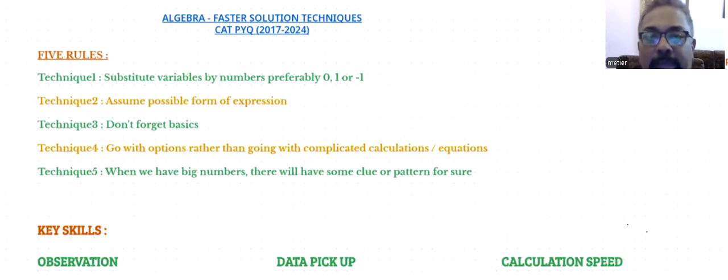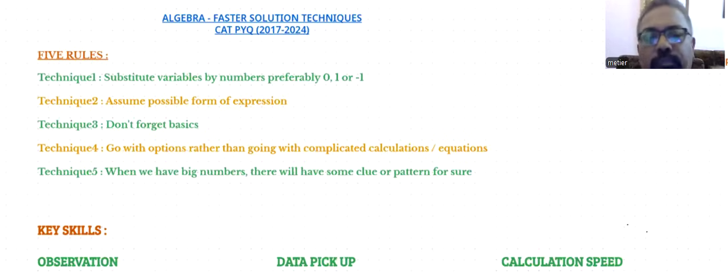And to find out the pattern, my simple guideline is always try to go with 3 cases. The first 2 cases may not give you the exact idea, but the third case will surely give you the confirmed pattern or confirmed clue, right?